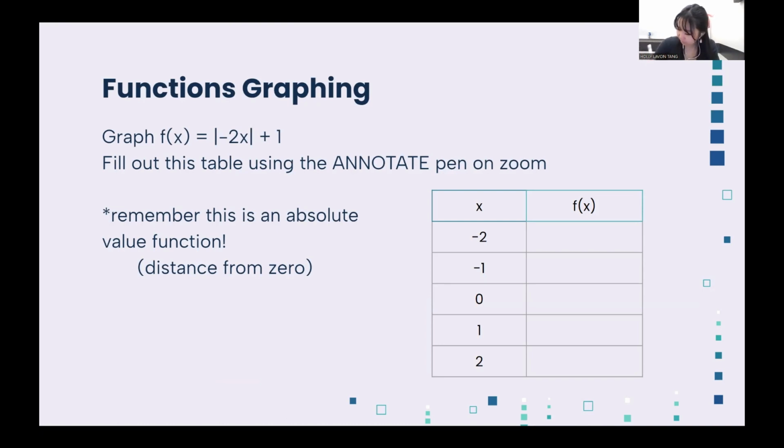I'll go ahead and do the bottom one just in this corner. I'll go ahead and do the top one. If you can't annotate, you can just tell me what you get as well, or you can just write it straight in the box.